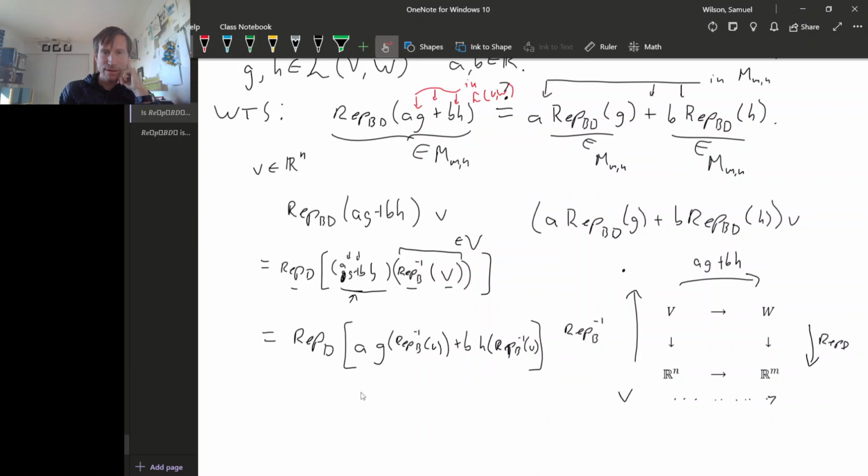Okay. Now, rep D is also a linear transformation, relative to any basis. The representation map going from a space to a Euclidean space is a linear transformation, and so we can use the fact that rep D preserves structure.